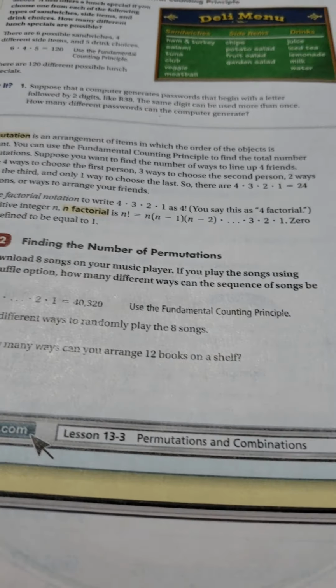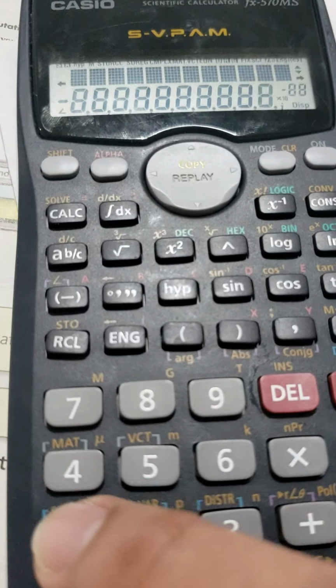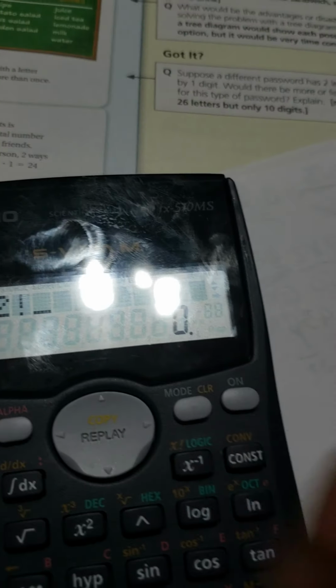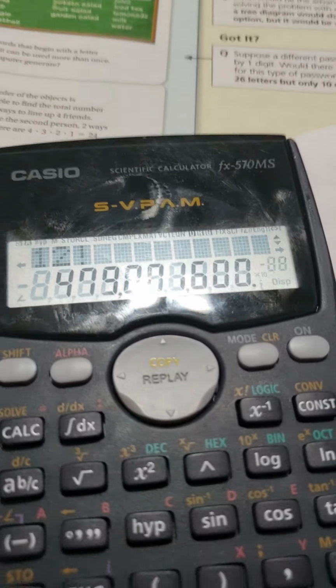This is the simplest way. Our 12 books will be 12 factorial. You may do 12 times 11, etc., but the simplest way is to go to 12 and the factorial. The answer is this big number.